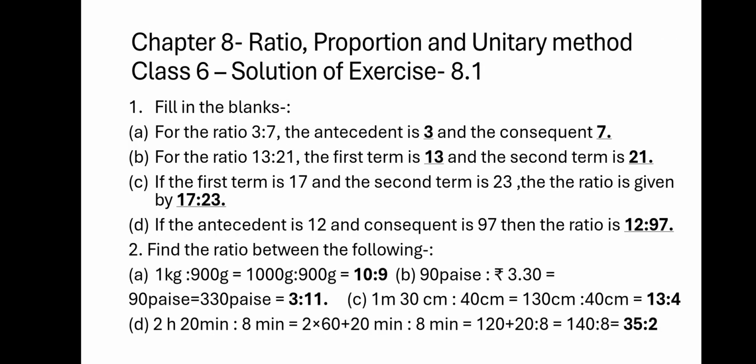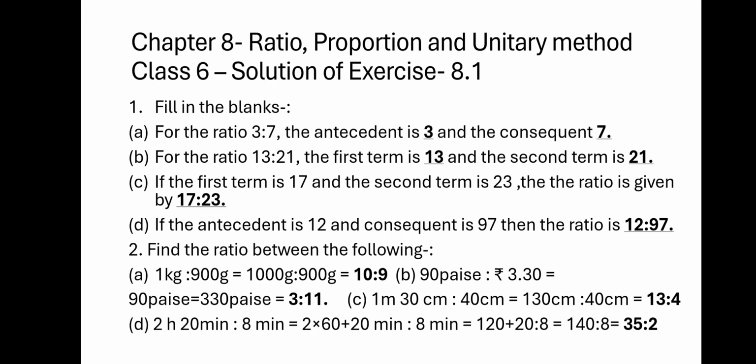Now 8.1 exercise solution. Filling the blanks. First one. For the ratio 3 is to 7, the antecedent is 3 and the consequent is 7. So these are the blanks, 3 and 7. B. For the ratio 13 is to 21, the first term is 13 and the second term is 21.